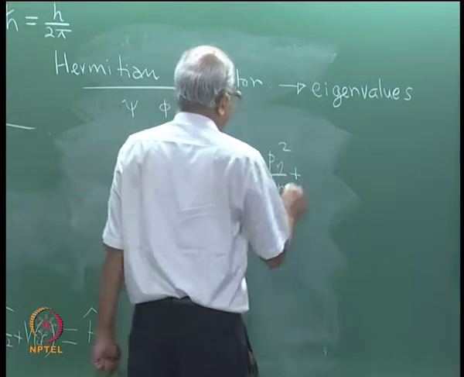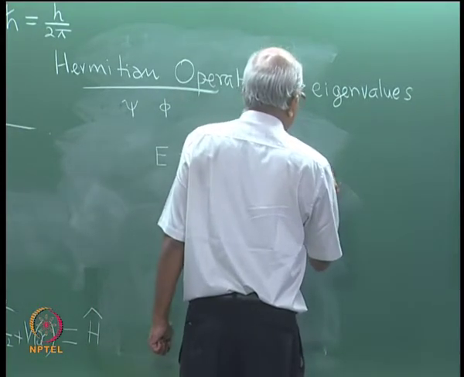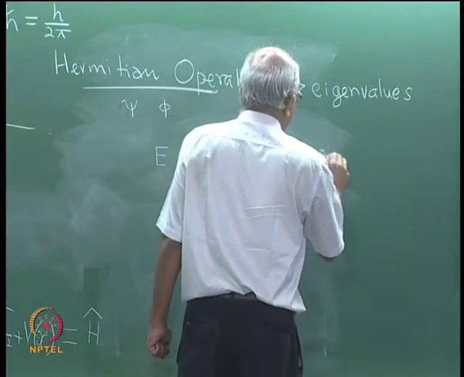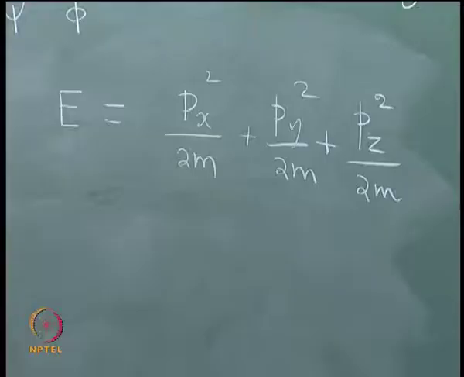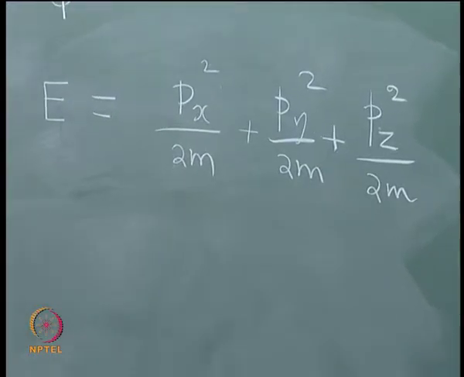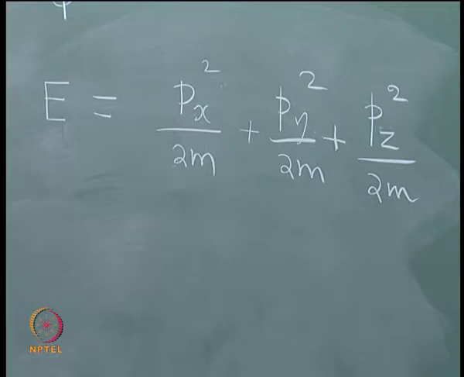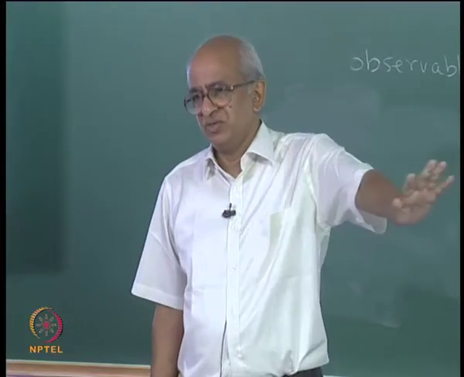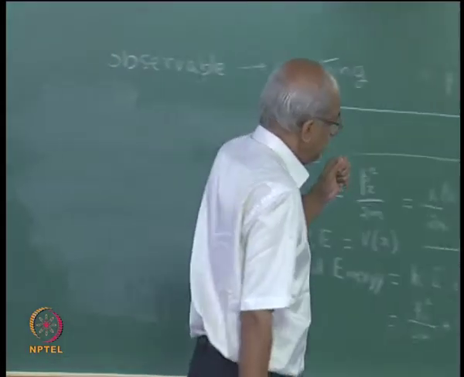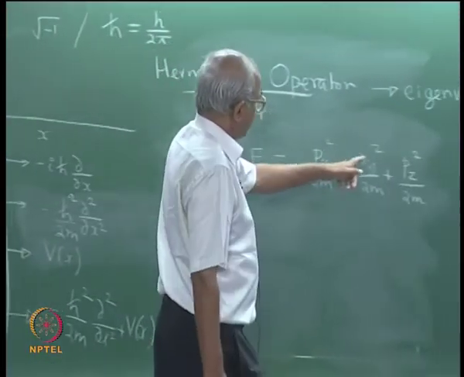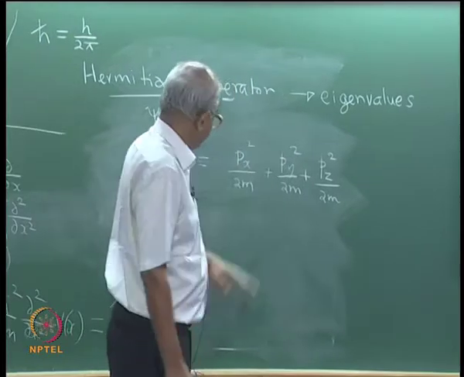This is the total energy that I am talking about, and then Pz square by 2m. So, this will be the classical mechanical expression for the total energy. Notice I have taken the potential energy to be 0, and this is the kinetic energy.